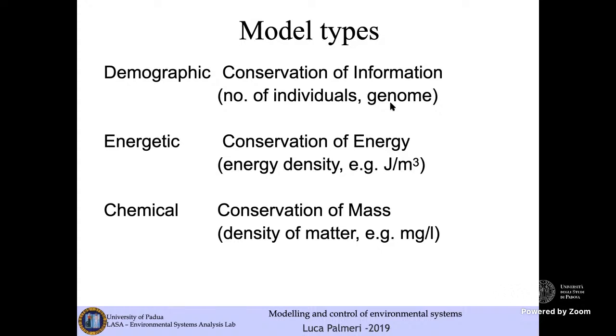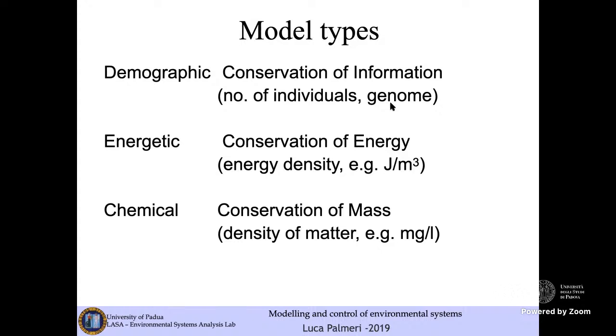And this is a very typical model that environmental engineers employ to describe ecological systems, because in this way you have a straightforward indication on how to measure the quantities that you shall employ for describing your system.